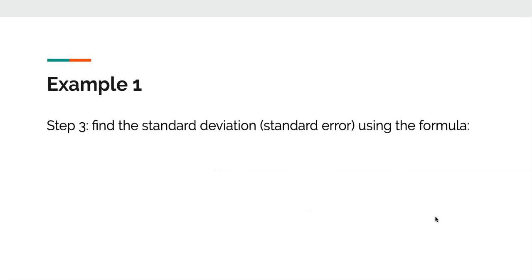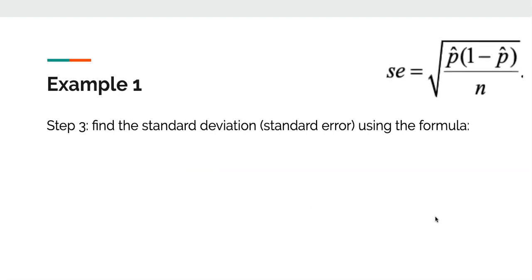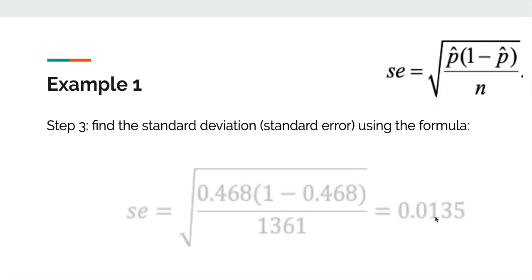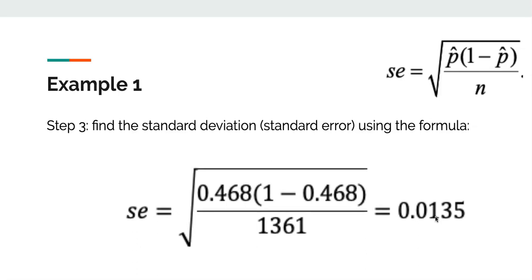Alrighty, now let's find the standard deviation using that p-hat formula. It's called standard error, and we're going to have to use the p-hat that we just found. So here it is. Oh, thank goodness, I used the number 0.468. Do 0.468 times 1 minus 0.468 and divide that by 1361, that's the sample size, right? And take the square root of that number.